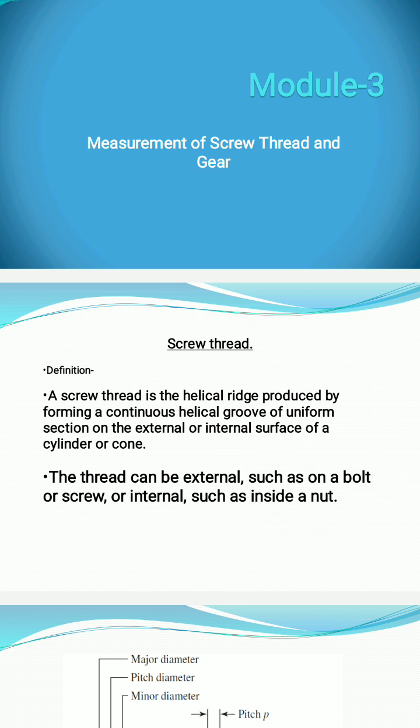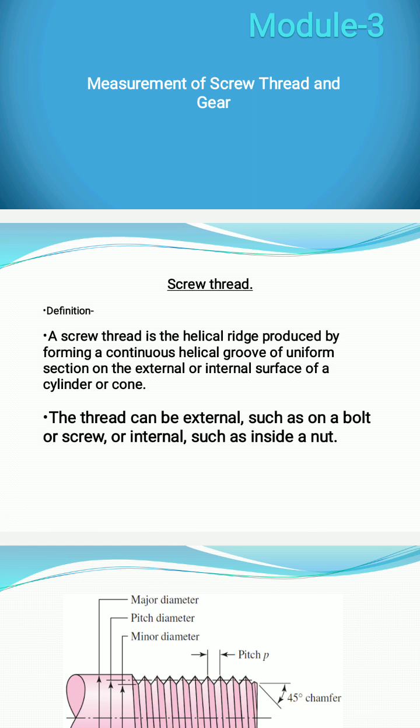If this helical groove is produced on the external surface of the cylindrical body, it is called an external thread. And if this helical groove is produced on the interior part of a hollow cylinder, then it is called an internal thread. Correct? So there are two types of threads, external threads and internal threads.